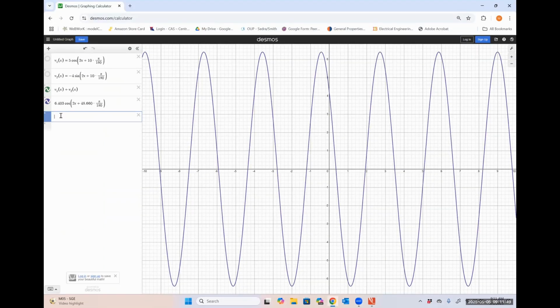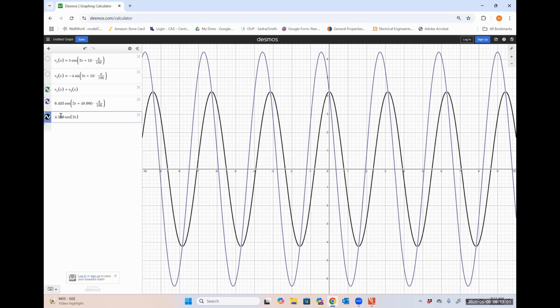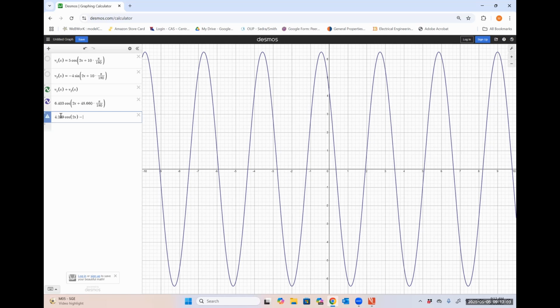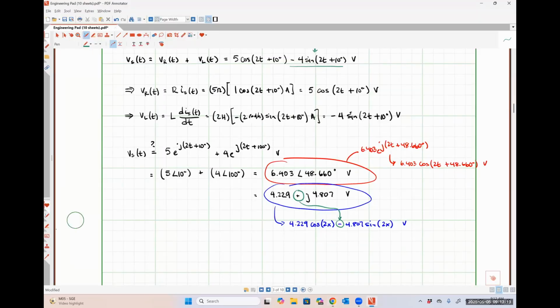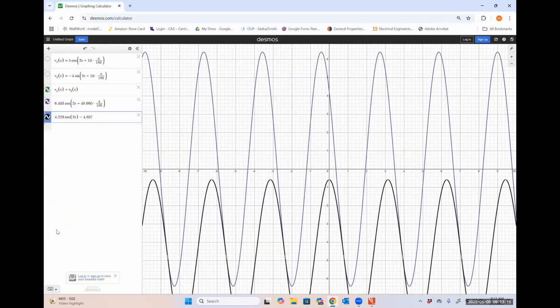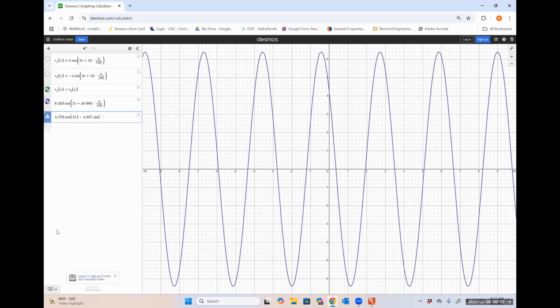Okay. So as a third thing, let's do 4.229 cosine 2x minus 4.807 sine 2x.